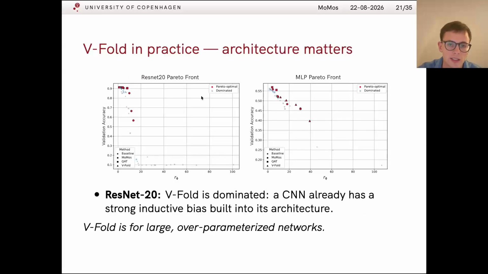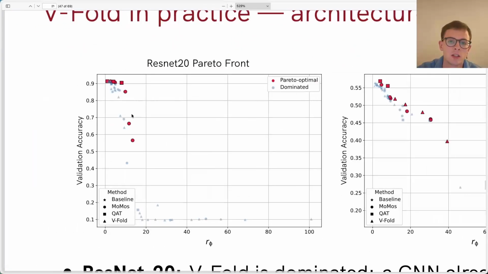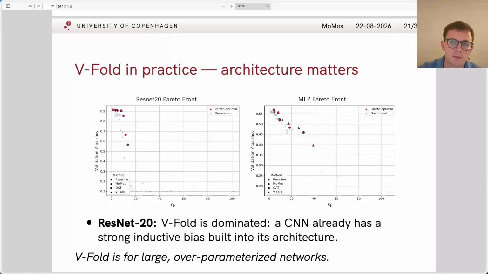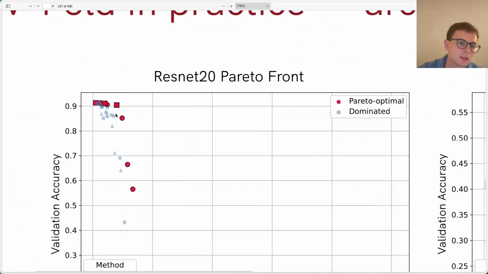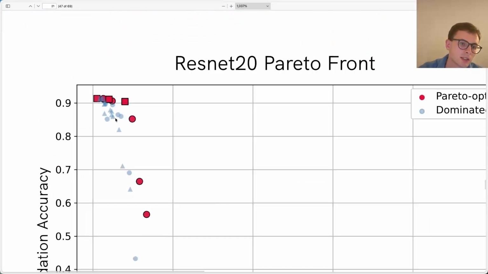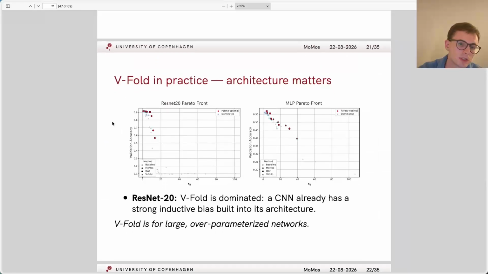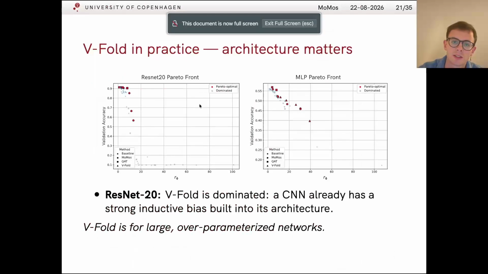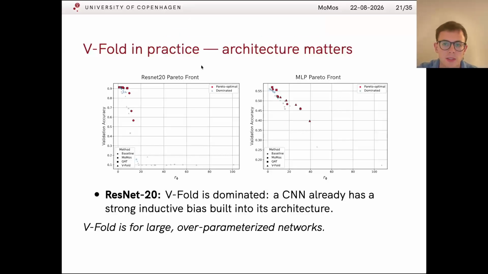An interesting thing to say is that V-Fold MoMos does not appear in the Pareto front of ResNet, which might mean that the constraint given by V-Fold MoMos is too hard, but also the CNN has a very strong inductive bias, and so it is what it is.